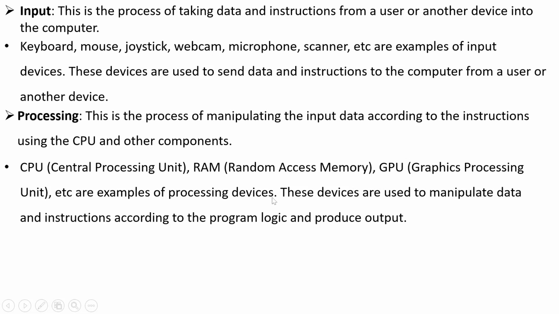So the devices in a computer that do the processing are the central processing unit, the random access memory, which is the RAM, and the graphics processing unit, which is the GPU.